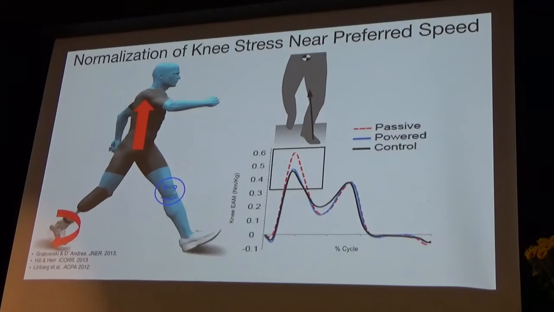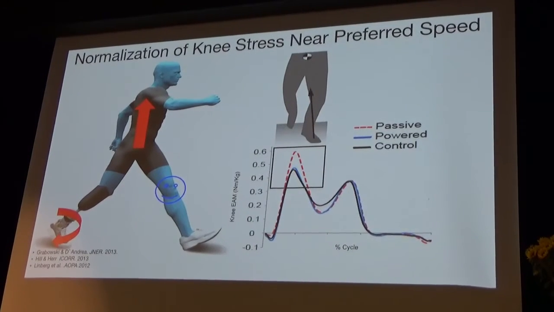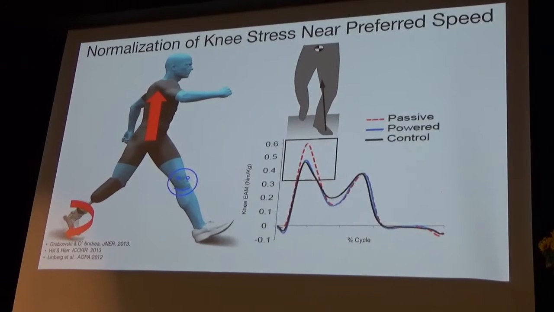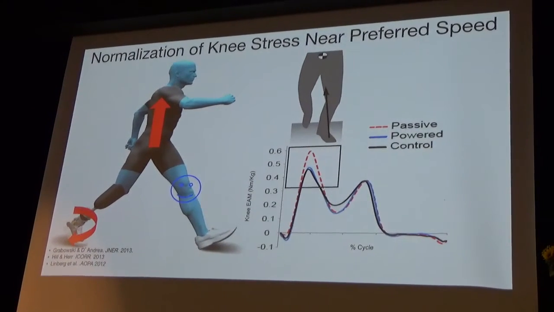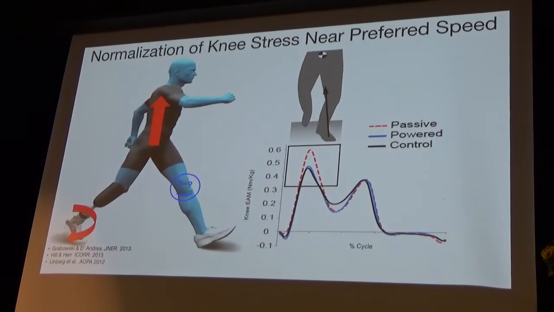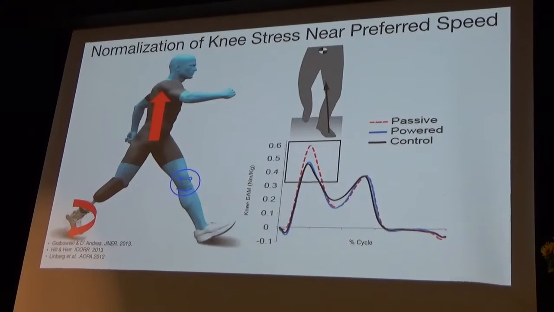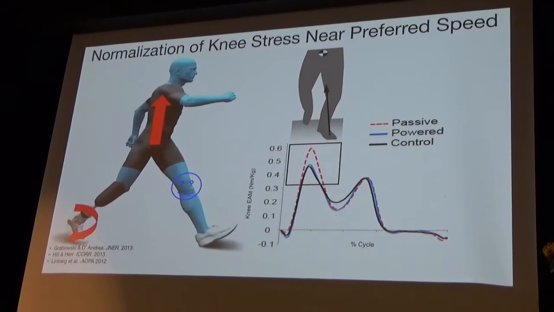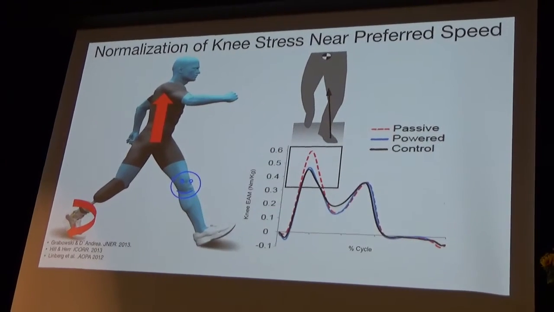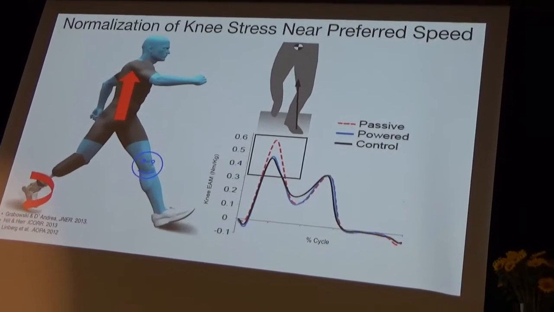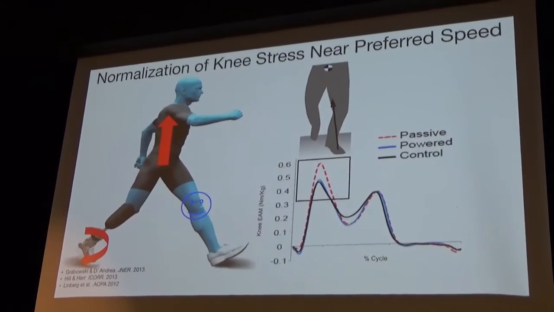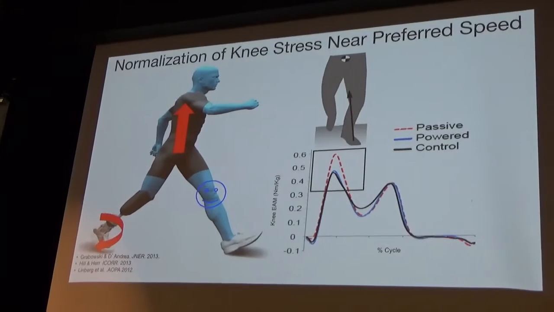A common secondary condition in persons with leg amputation is knee osteoarthritis. In persons of age, 50% of individuals with leg loss suffer from knee osteoarthritis, and the normal non-amputee incidence is only 20%. And it's believed by some clinicians that it has a biomechanical mechanism or cause.